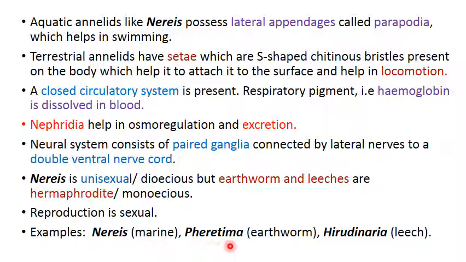Pheretima is an earthworm, and Hirudinaria is a leech. It's an ectoparasite, and they suck blood from the vertebrates, and when they suck blood they secrete out an anticoagulant, that is hirudin, that prevents clotting of blood.